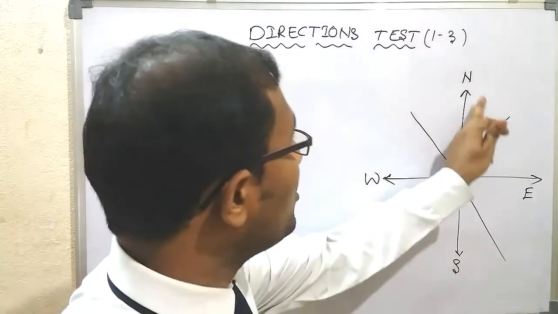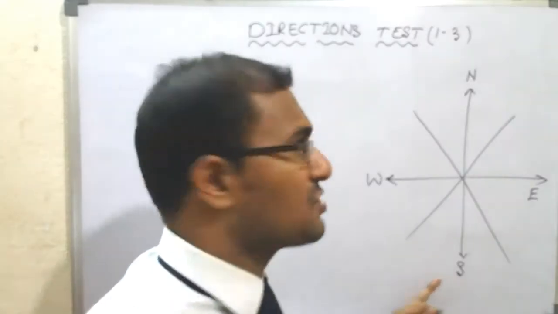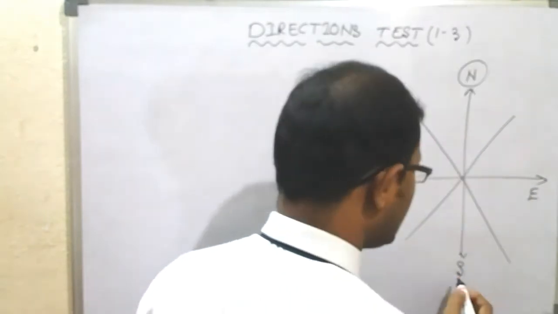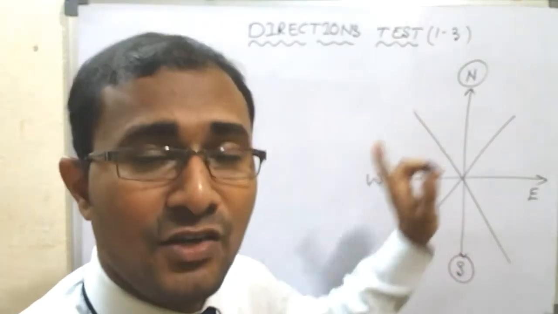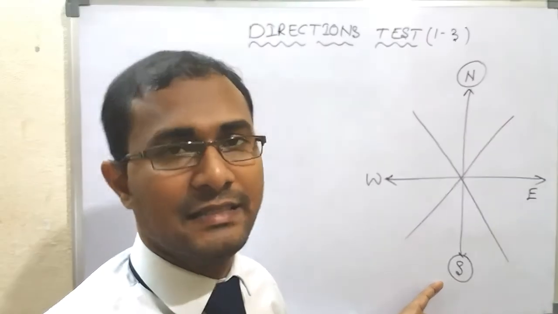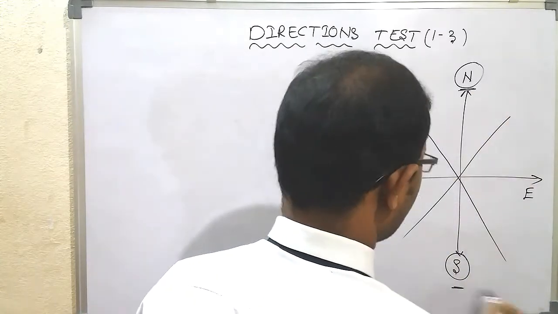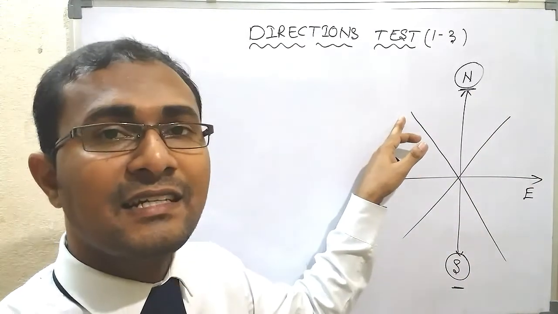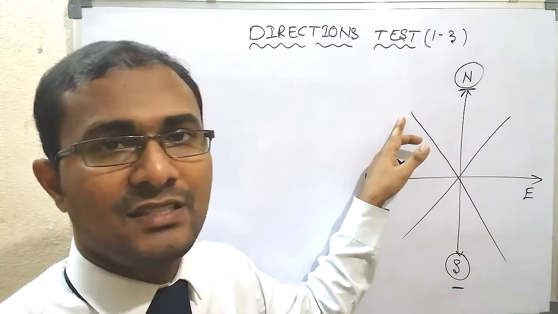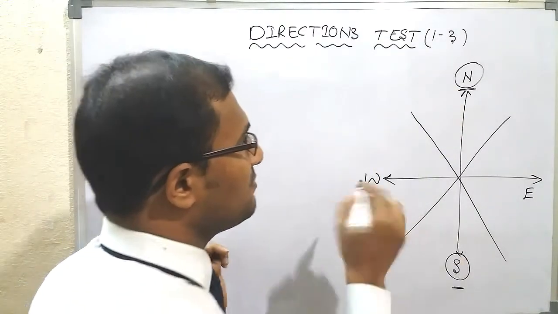Among these 4 directions, north and south are poles. North pole and south pole are the 2 poles of our planet Earth. As these are poles, the subordinate direction names must start with the pole name first.